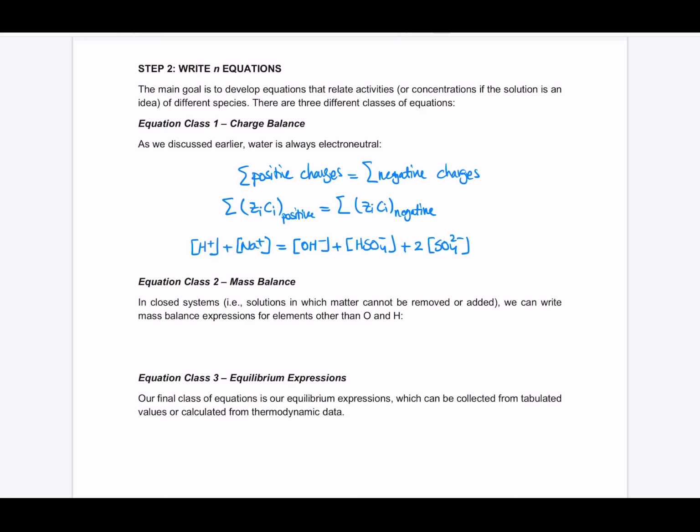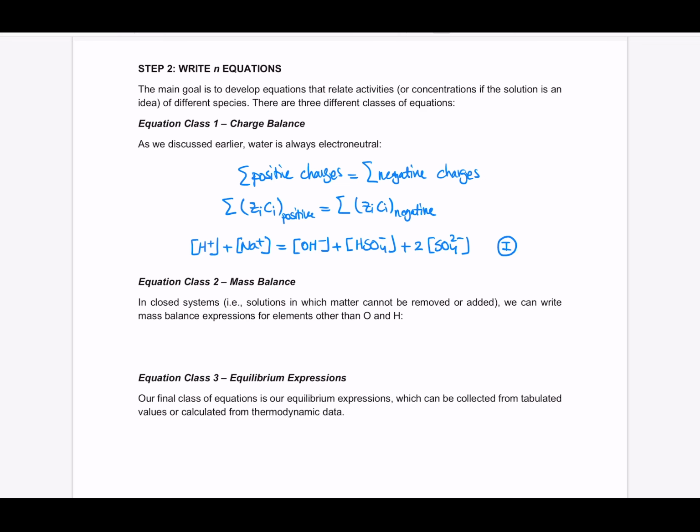It's a delicate difference between the charge balance and also the mass balance that we're going to do later. Keep in mind the charge balance only looks at the Z factor, the charge, and also the concentration. The concentration is what we're calculating. So this is one independent equation that we have here.